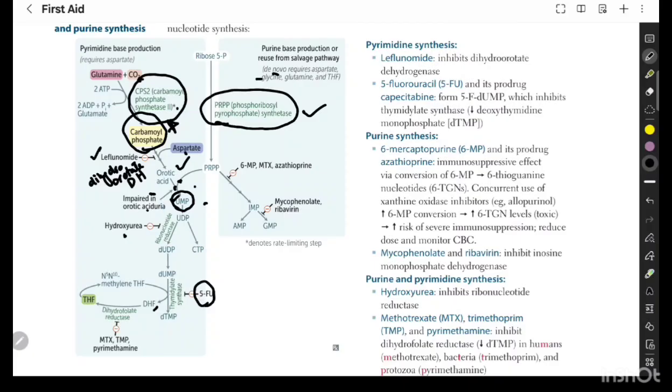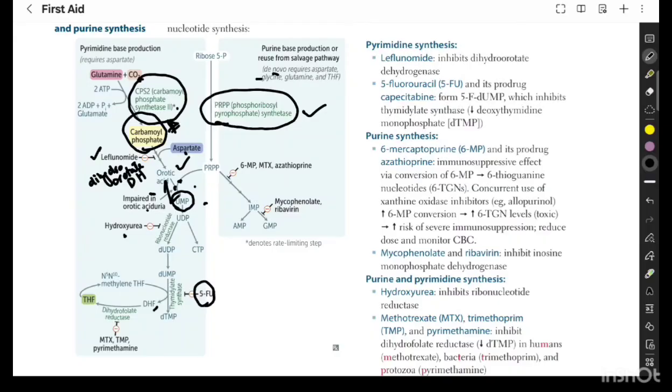Okay, I made carbamyl phosphate. Then if I give leflunomide, I would inhibit dihydroorotate dehydrogenase. I would have high levels of CPS in my blood. Then if orotic acid is formed and there is no leflunomide, what happens is that I would get orotic aciduria. If orotic acid is fine, it is converted into UMP, it is converted into UDP, but it is not converted into deoxyuridine diphosphate, dUDP.